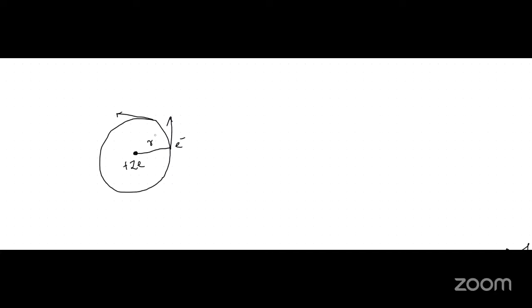Whenever the electron is revolving around the nucleus, the Coulomb force acting on the electron must be equal to the centrifugal force, which is given by k0 Ze square by r square, equal to mv square by r.